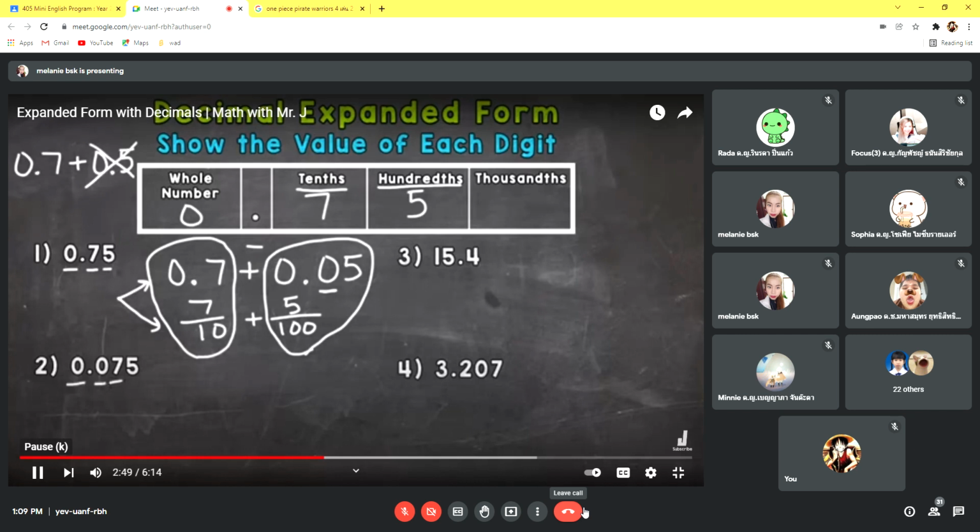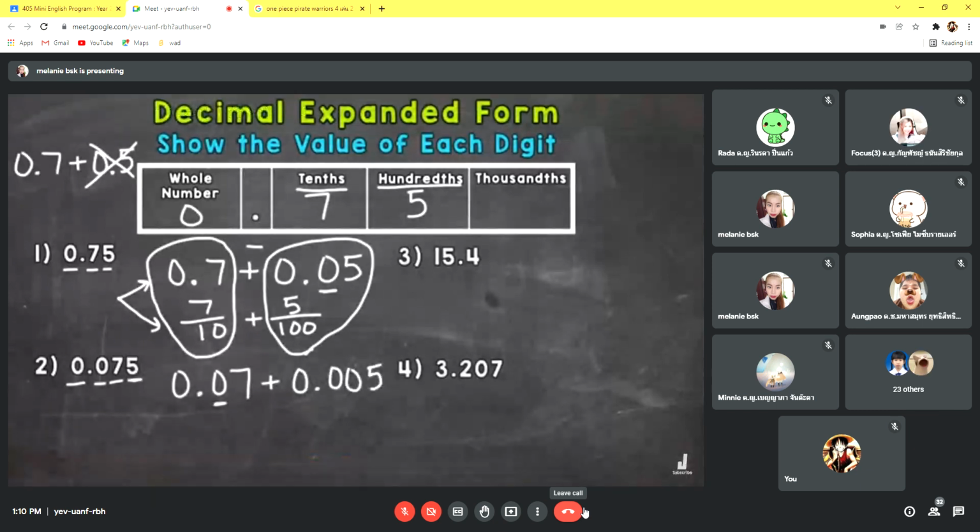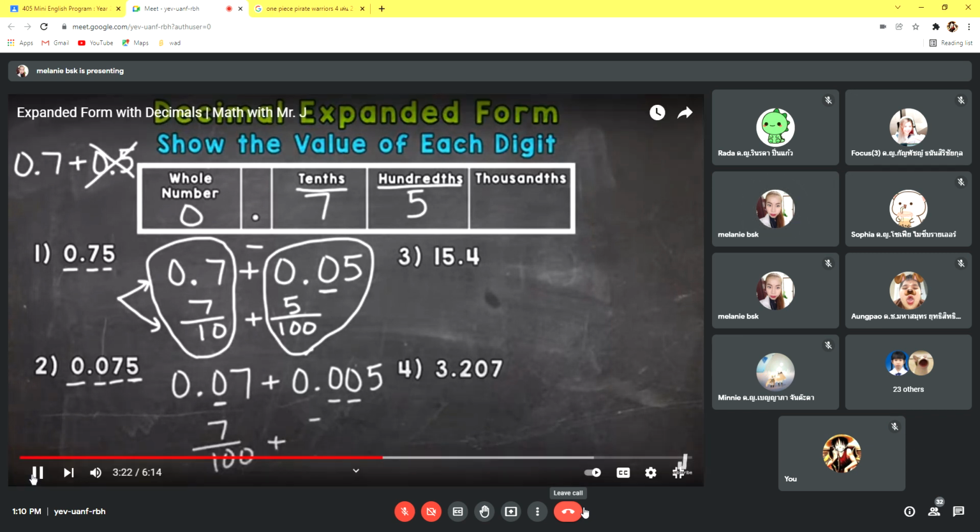So our decimal is going to be 7 hundredths plus 5 thousandths. So we need 2 zeros to push the 5 over to the thousandths place, a 0 in the tenths and a 0 in the hundredths. Fractional form, well, 7 hundredths plus 5 thousandths.